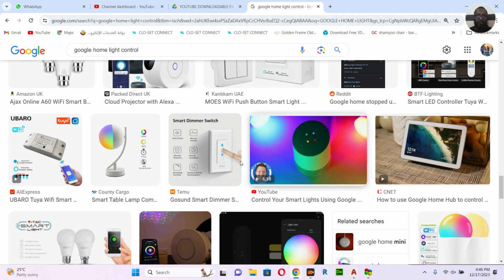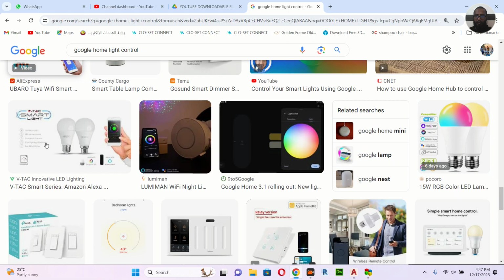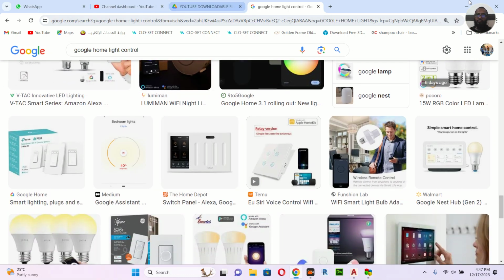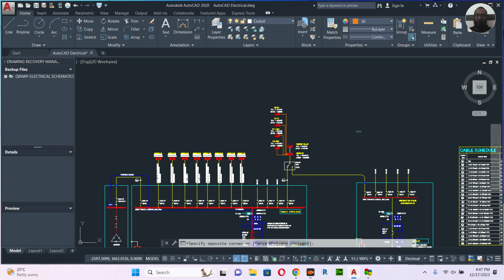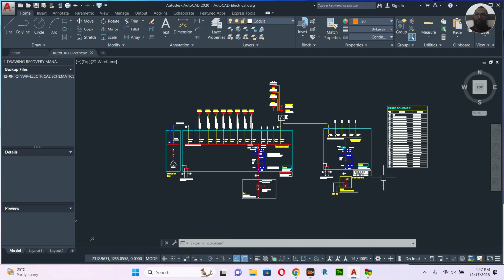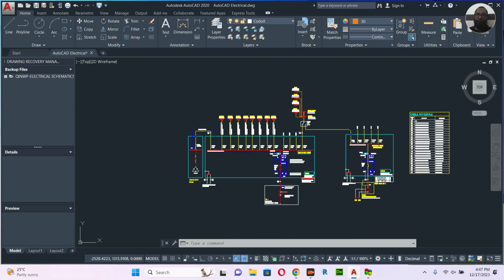Check on the internet, there is something like this available, right? Something looks like that. You can control the light. It's a small concept. So let's finish this one. We can discuss it in another video.